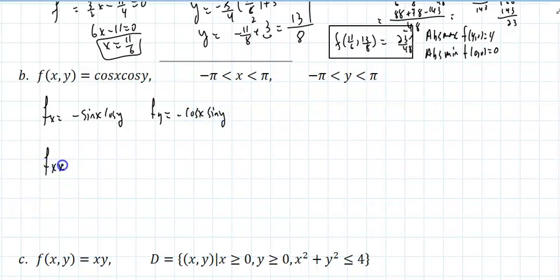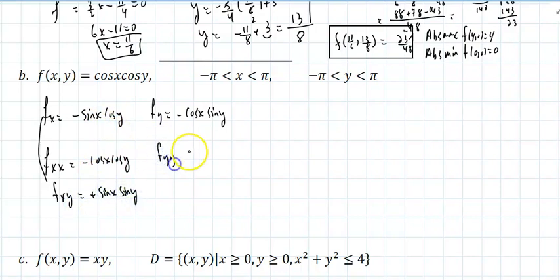What is f sub xx? f sub xx happens to be a negative cosine of x cosine of y. And what is f sub xy? f sub xy is going to be a positive sine of x sine of y. And f sub yy is going to be a negative cosine of x cosine of y.